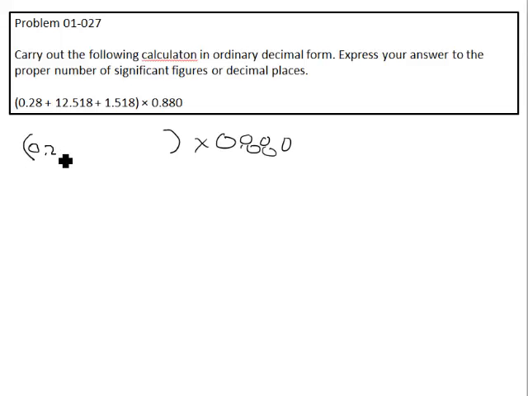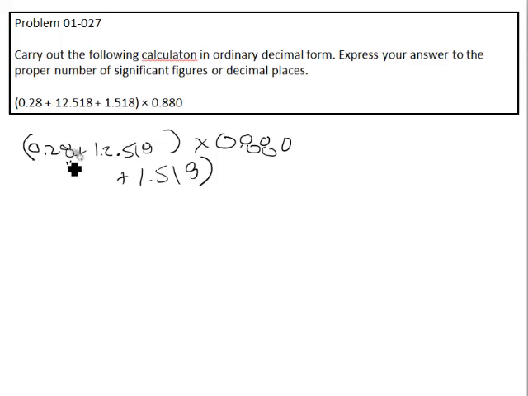So in this case, 0.28 plus 12.518 plus 1.518, and that's addition. And when we do addition or subtraction, the rule is that we look at the one that is least precise, so the one with the fewest decimal places.